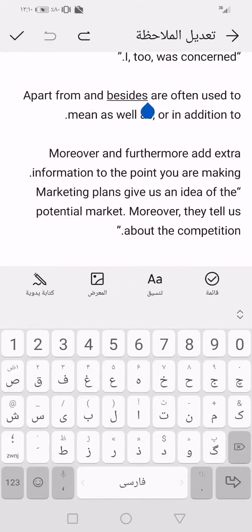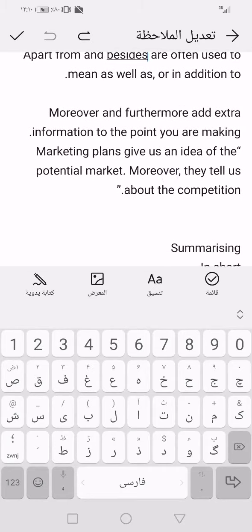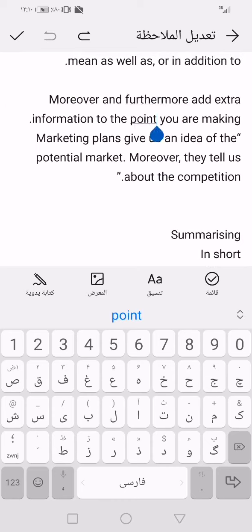Apart from and besides mean the same as as well as or in addition. Moving on to moreover and furthermore, which add extra information to the point you are making. Marketing plans give us an idea of the potential market.